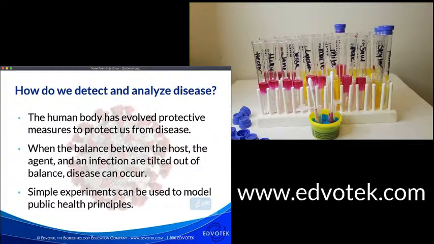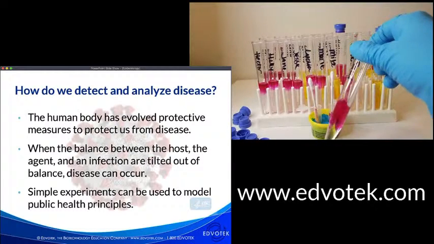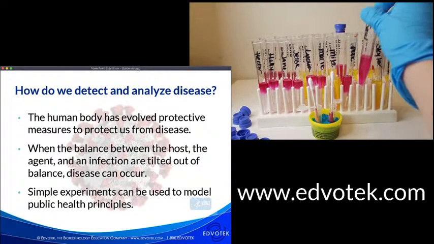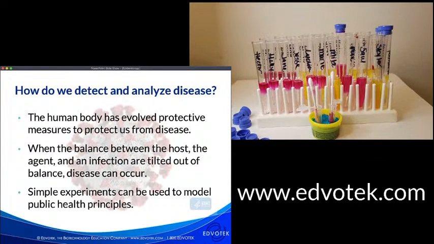And simple experiments like this, where we exchanged fluids between students and analyzed the results of the color change reaction, will allow us to model many different principles in public health. It'll allow our students to learn the importance of testing and having many people tested, and the methods through which a disease can spread through the community.